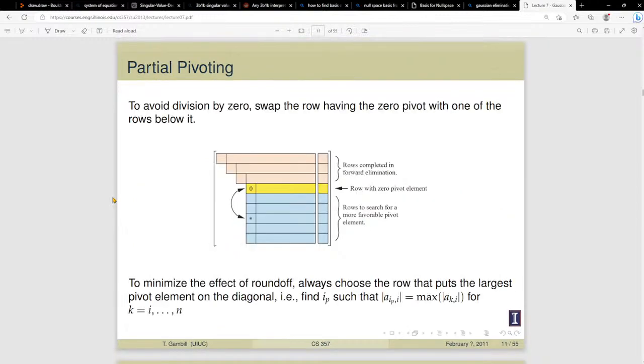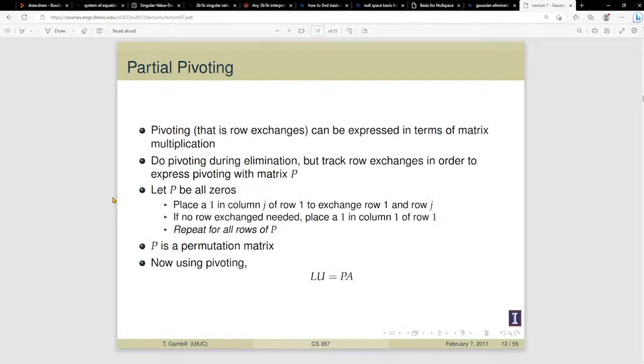Partial pivoting is usually sufficient. Okay. To avoid division by 0, swap the row having the 0 pivot when the row is below it. To minimize the effect of round off, always choose the row that puts the largest pivot element on the diagonal. Okay, fine. Pivoting, that is row exchanges, can be expressed in terms of matrix multiplication.